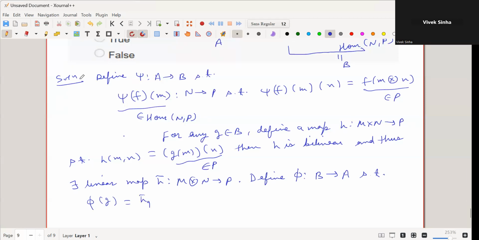Maybe we can say H tilde of G because it is depending on G anyway. So H of G I can write.